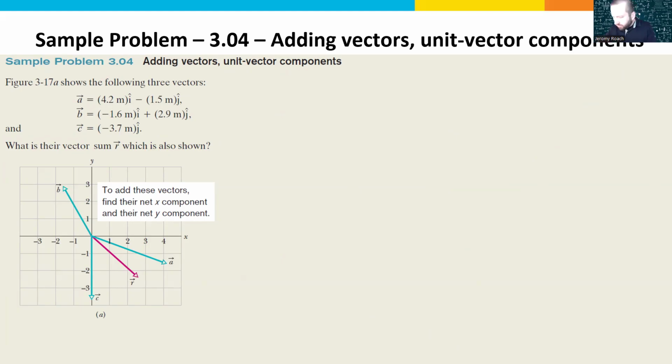The very tip of A is 4.2 on the X and negative 1.5 on the Y. The same rules hold true for B and C. And we want to find their vector sum R.